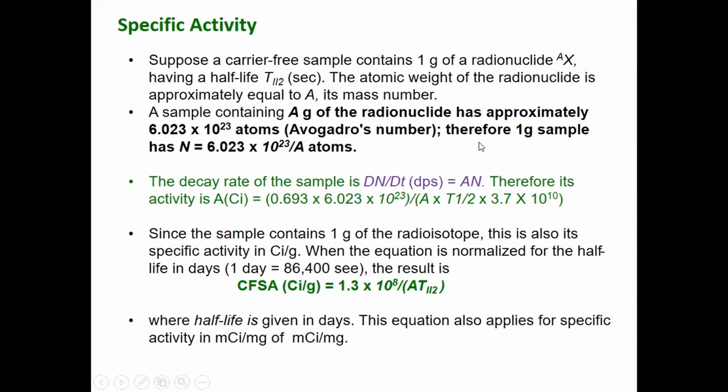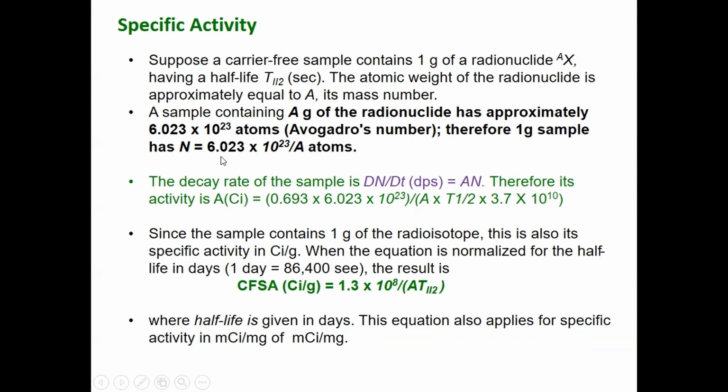Here we try to show this for a few cases. Suppose a carrier-free sample is available, and it is 1 gram of radionuclide X with mass number A, having half-life T. The atomic weight of the radionuclide is approximately equal to A, its mass number, and a sample containing A grams of radionuclide will contain approximately 6.02 times 10 to the power 23 atoms, the Avogadro number.